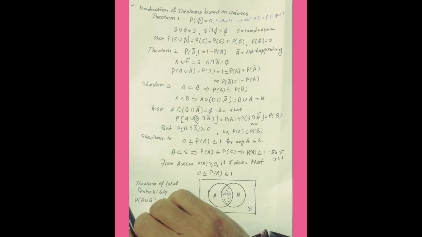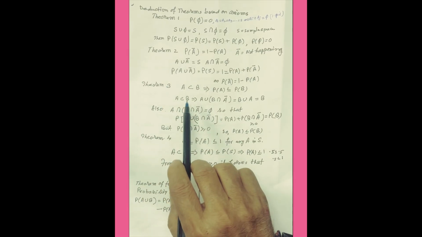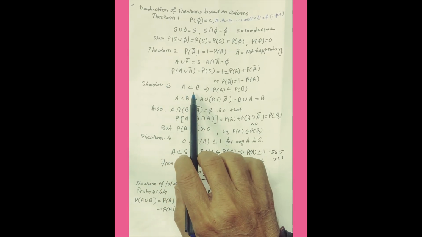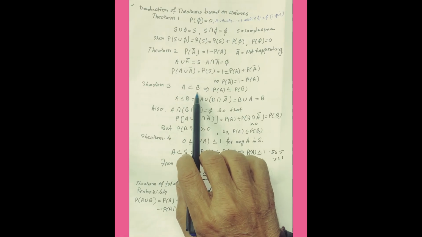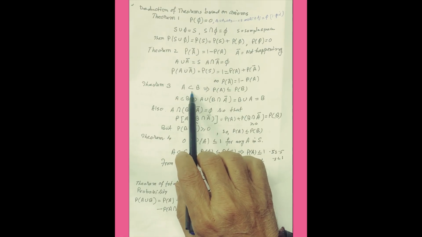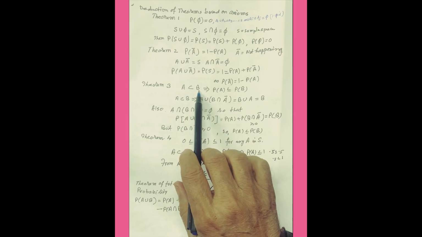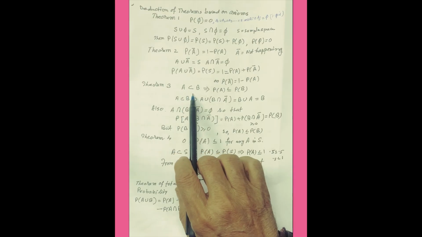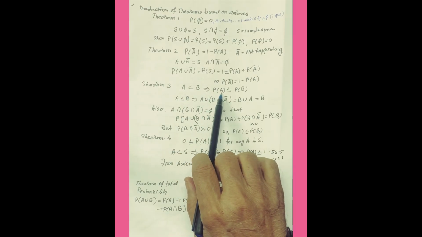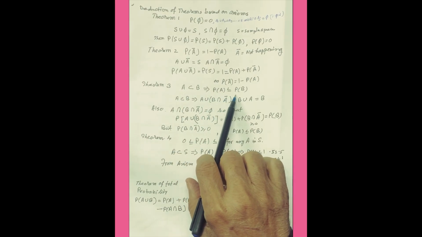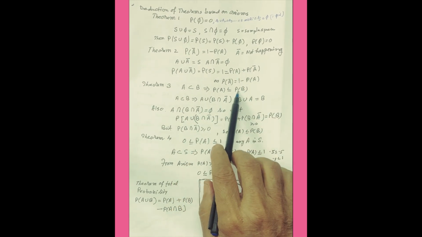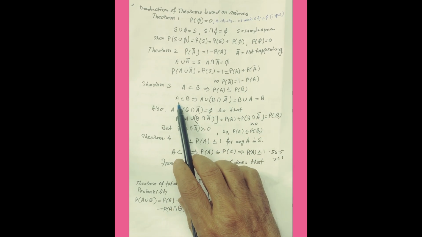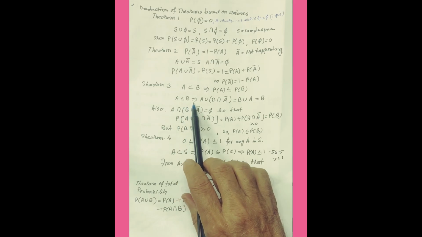Then theorem 3. A is included in B. This is an inclusion sign. Or we say A is an element in B, or A is a subset of B, implies probability of A is less than or equal to probability of B. So how does A inclusion in B lead to this?